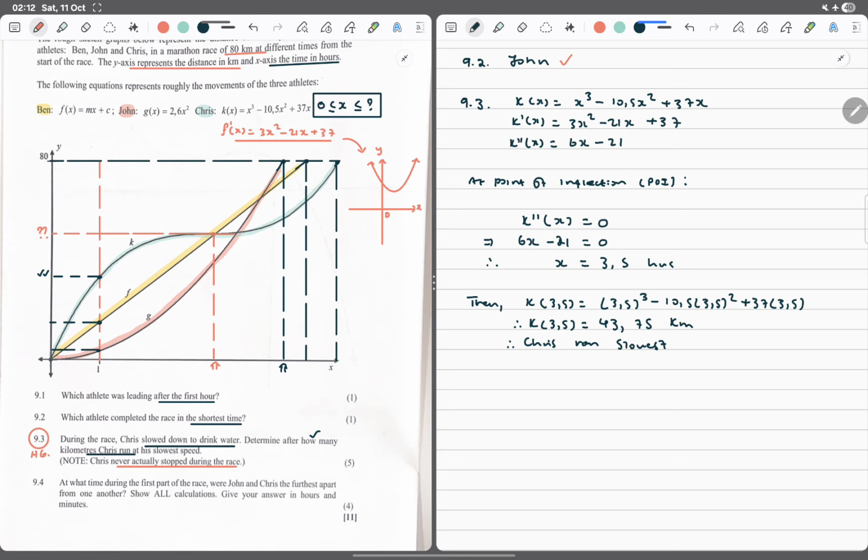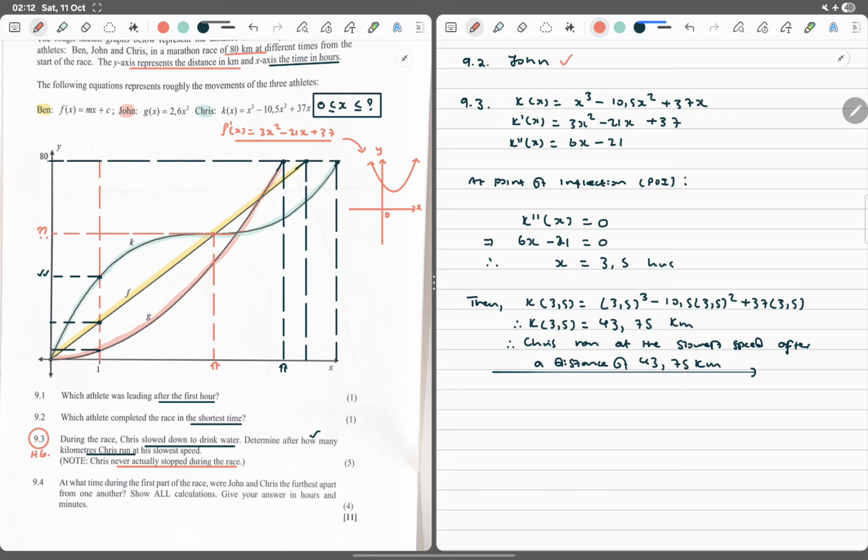Chris ran at the slowest speed after a distance of 43.75 kilometers.